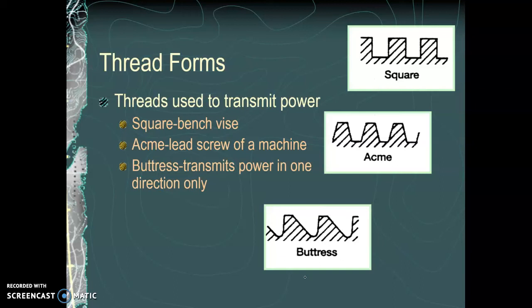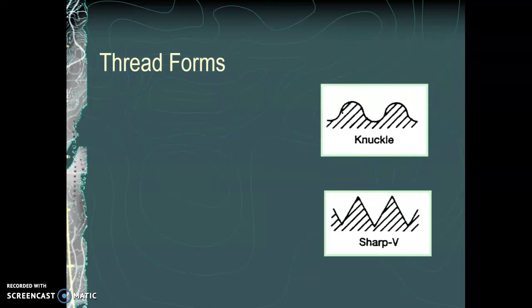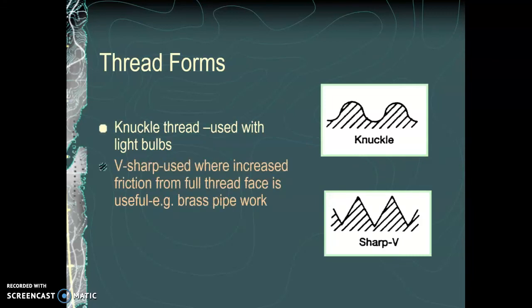So these would be used maybe in a type of machine with some sort of maybe drive screw that only turns in one direction. Knuckle, these rounded type threads, can be found on light bulbs. And sharp V threads can be used for pipework, where you want full contact between the internal and external threads.